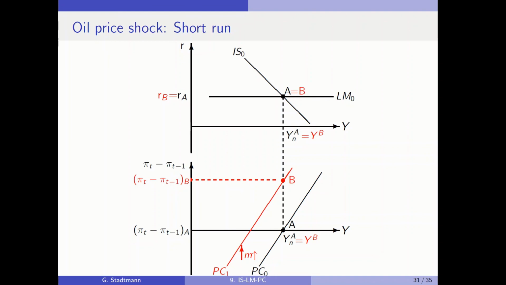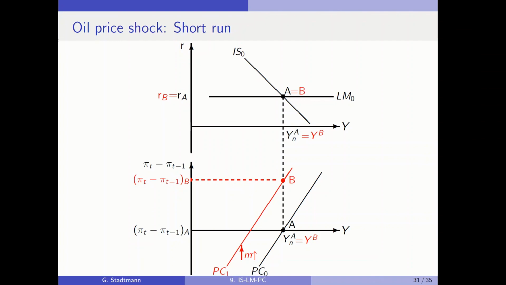The Phillips curve shifts upwards because the markup M or mu increases, and therefore we can directly see what happens in the new short-run equilibrium. The companies are increasing the markup.